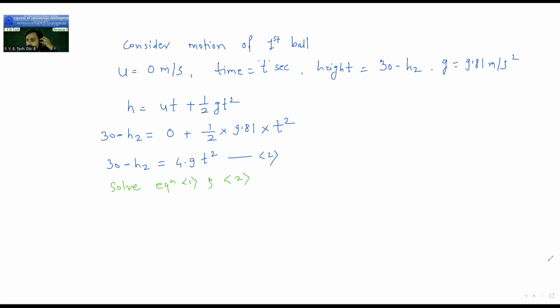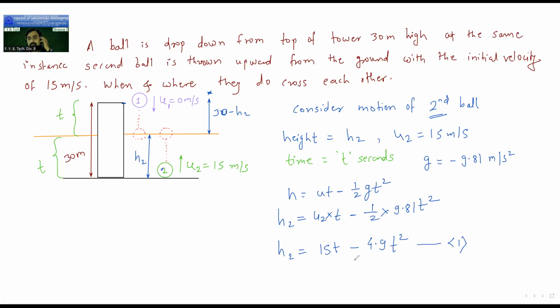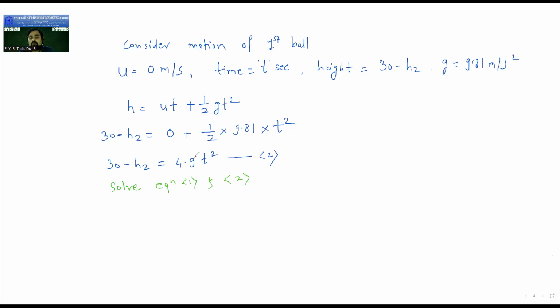Okay, so what he is saying now, we are having equation 1. Okay, so this is our equation 1. Here we have already got h2 is equal to 15t minus 4.9 t square. So this is the value of h2. So he is saying that put this value of h2 in equation 2. Okay, so here you can do it in this way also.